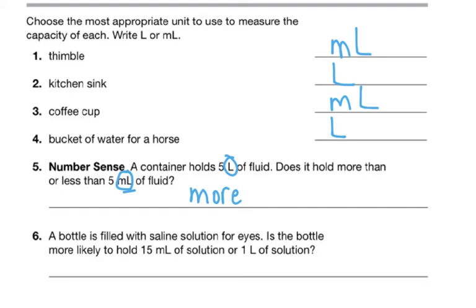That's a lot of liquid. And so when you're buying a product like saline solution, it's not going to be that much. That would be kind of a lot. So the correct answer would be 15 milliliters. So just reminding you, it would be really important to pay attention to what's in your house and the products that are labeled and how many liters and even the customary measurements. Like look at labels and see how much these different containers hold.